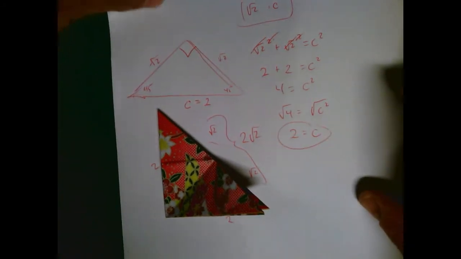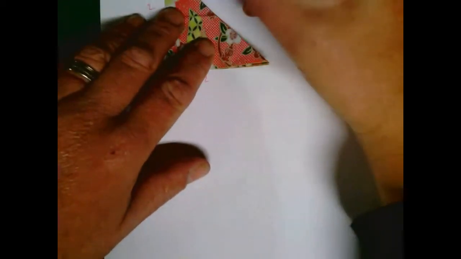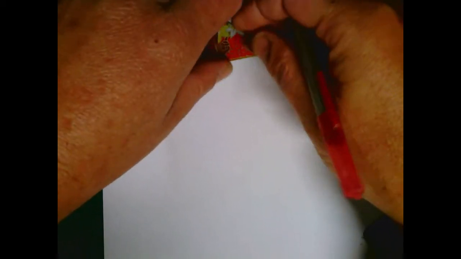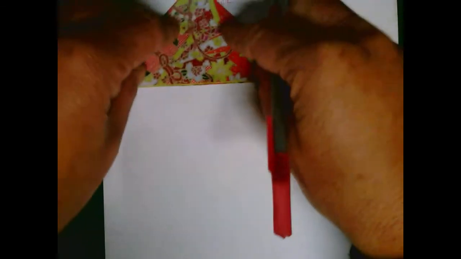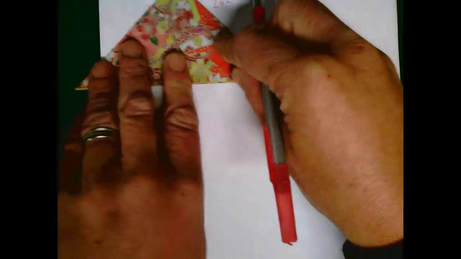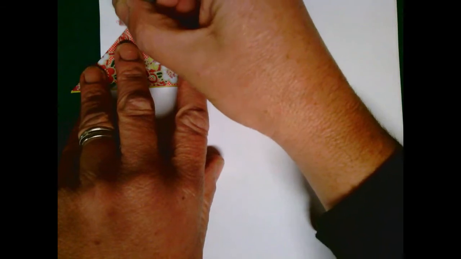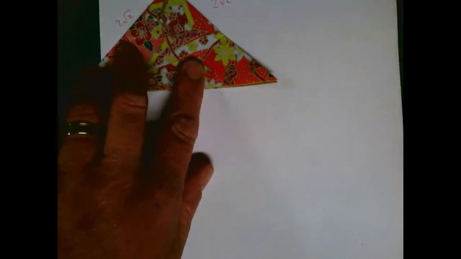Alright, now take a look at that. I'm going to move on to the new page because I'm running out of room here. So we had 2, 2, and 2 square root of 2. So when we unfold this again, let's see here, whoops. Now, that's 2 square root of 2, and the other side over here is 2 square root of 2. Alright, we're going to have to do some math here.